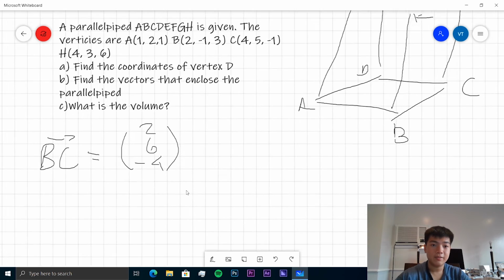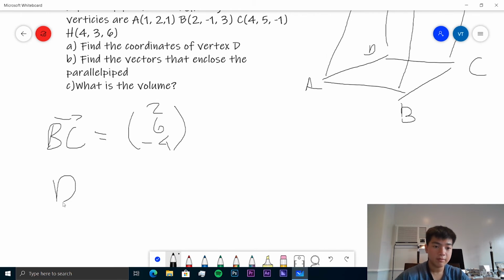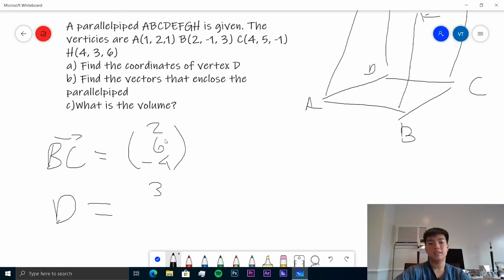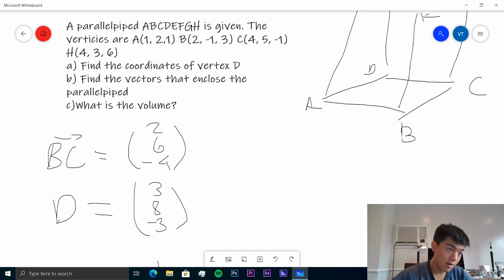So if we add this to vector A, vector D will be equal to 2 plus 1 is 3, 6 plus 2 is 8, and then 1 minus 4 is negative 3. So this is the coordinates of vector D.